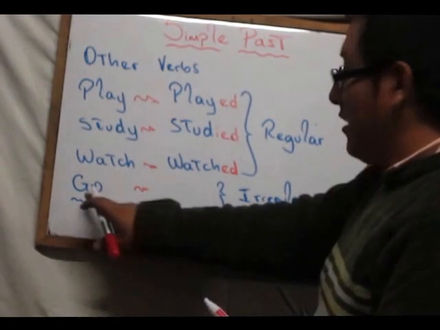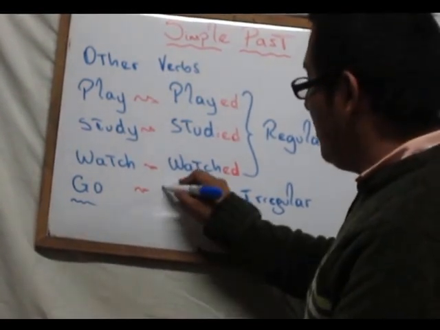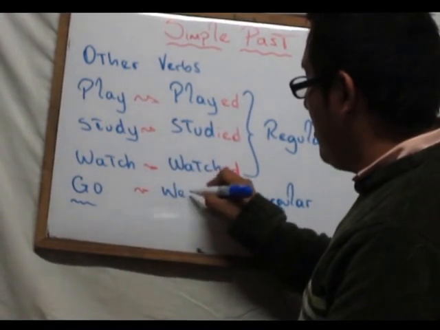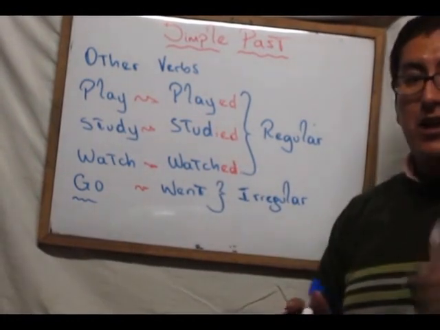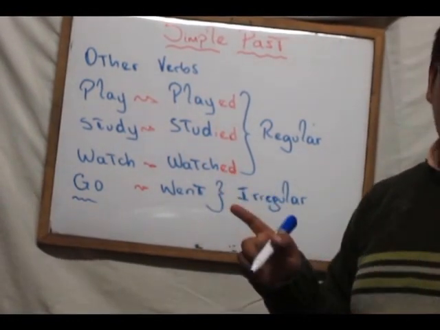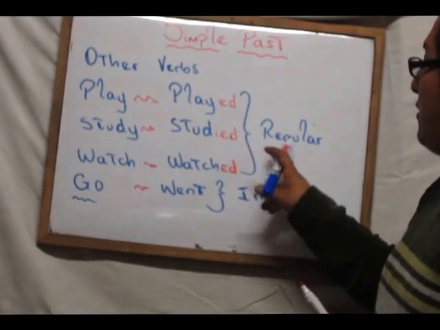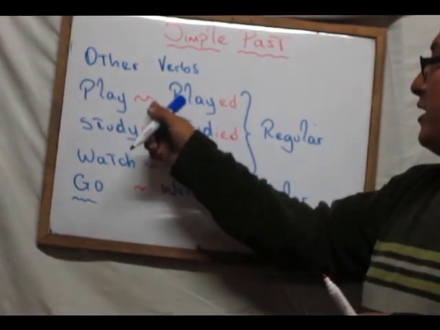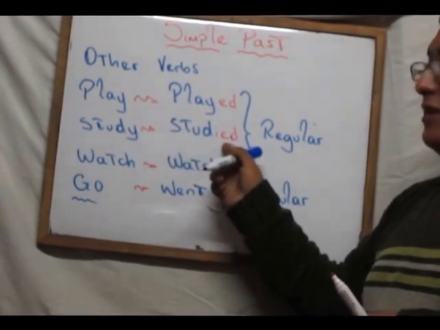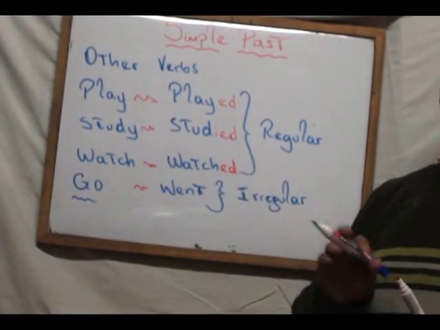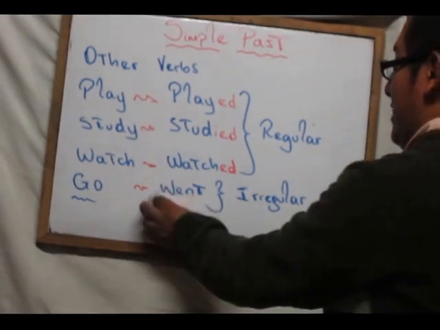For example, the past of the verb go is went. And it's not necessary to put ed. If the verb is regular, you need to add ed, or d, or only ed. Okay? Examples to understand.